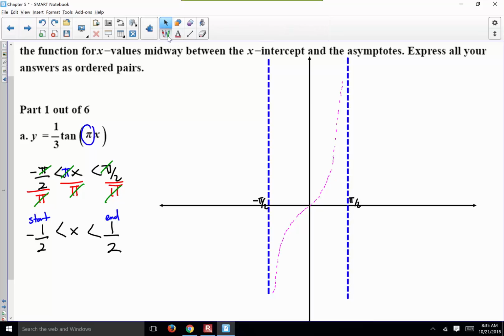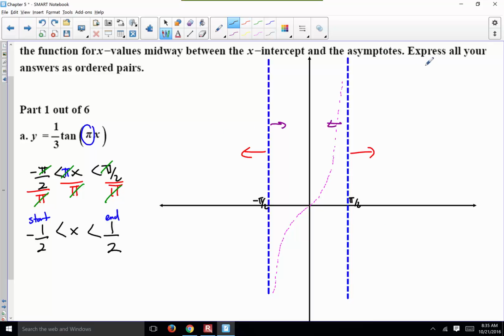Is it going to move in the inside direction, or are they going to move in the outside direction? Where is minus 1 over 2 and 1 over 2? Is it between these two or after these two? Between.